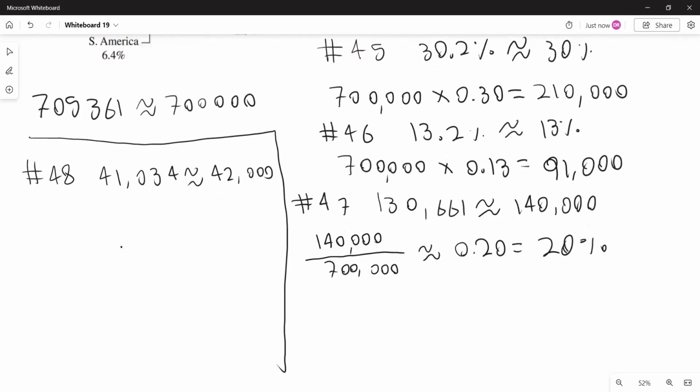We're going to find the percent. What percent is 42,000 of 700,000? Okay, 42 over 7 is 6, and that's going to be 0.6 or 6%.